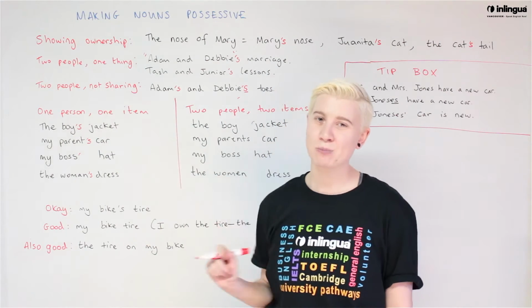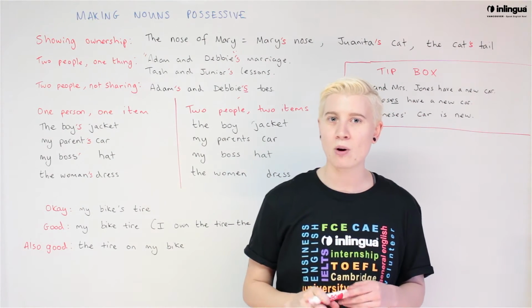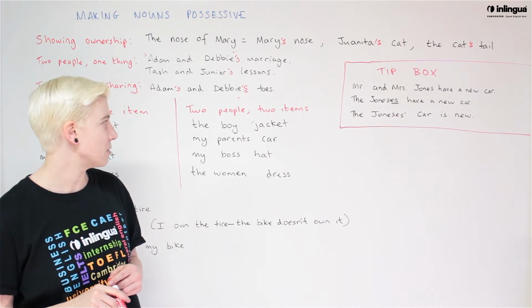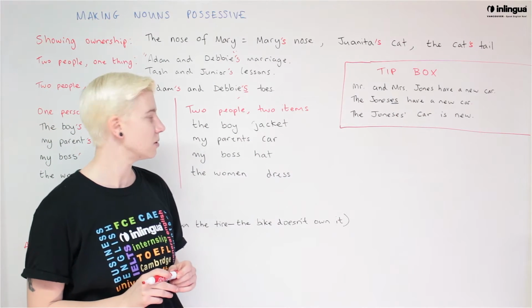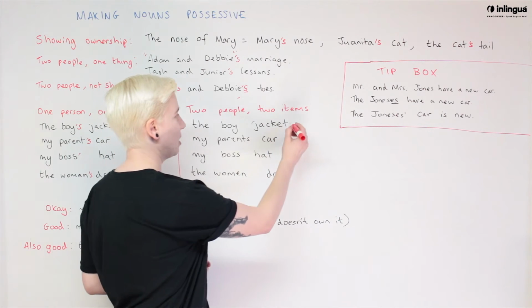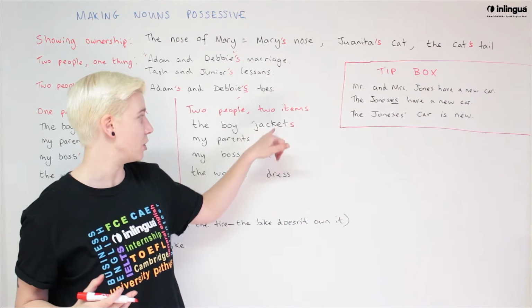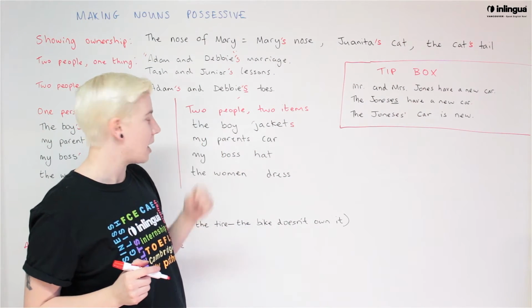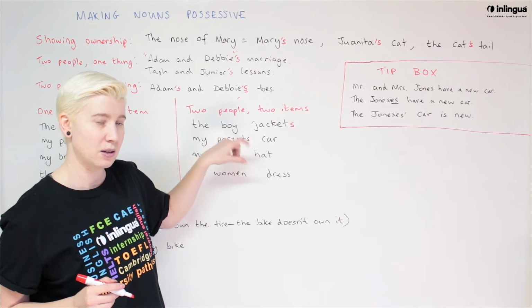So this side is pretty easy, pretty basic. And this side makes it a little more complicated. Two people, two items. What is the item in my first example? Jackets. Our first job is to make sure that the item that we have two of is plural. And now, how many people do we have here? The boy. It's only one.